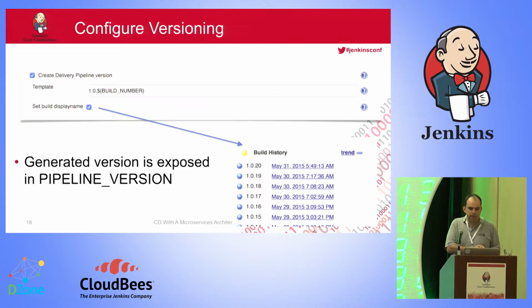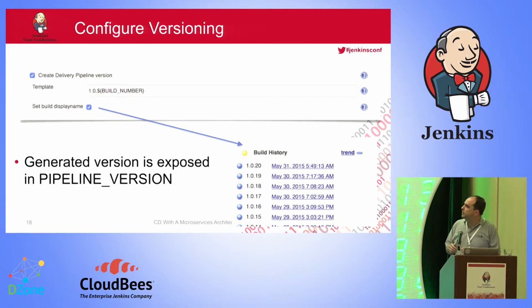So my solution to it is to get rid of the snapshot. Every build is a real build. One of the ways that I can take advantage of that idea in my build pipeline is to have a delivery pipeline version created when the first build in the pipeline runs.